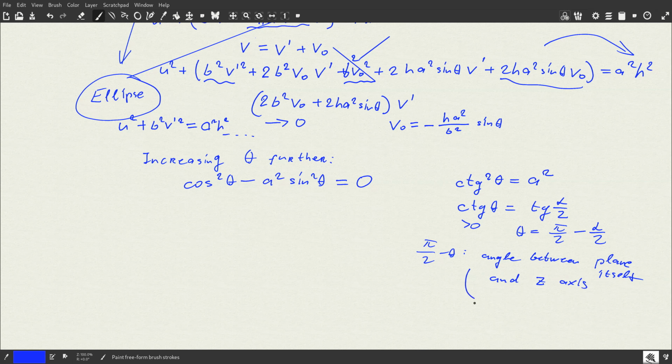And this angle becomes half alpha. As we have seen previously, this means that our plane becomes parallel to the side surface of the cone.